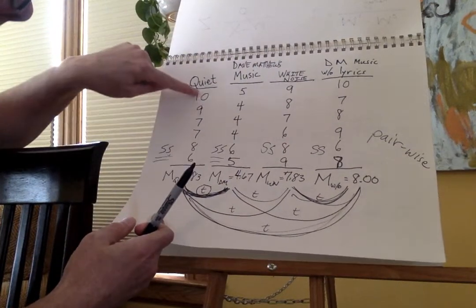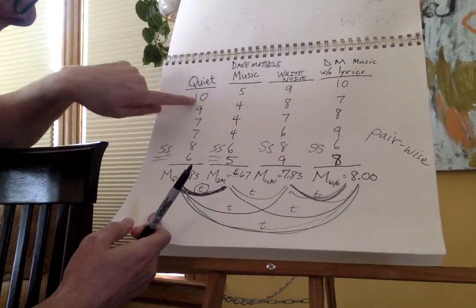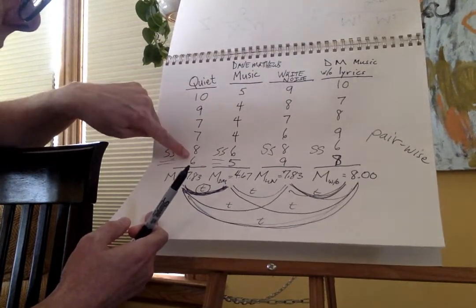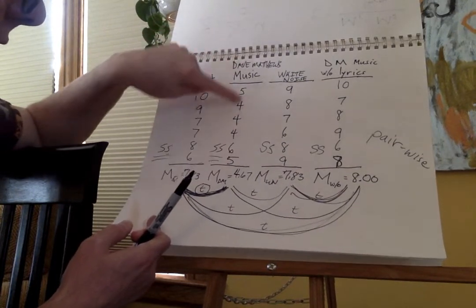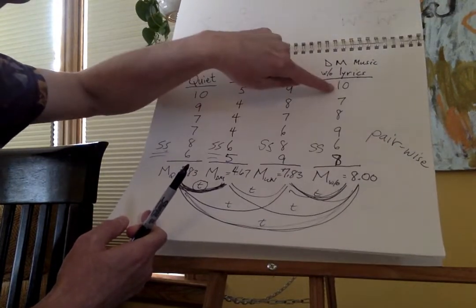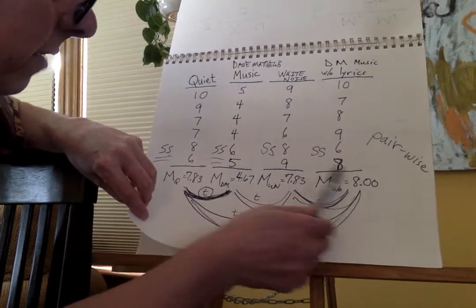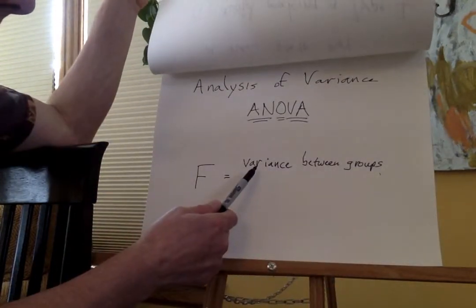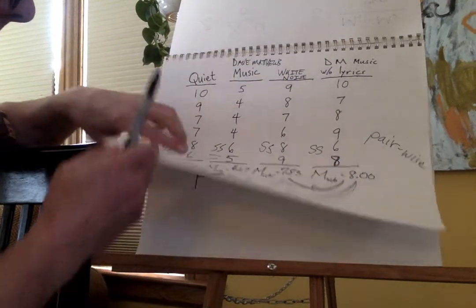All the people here were in the quiet condition, but there are still some differences here, right? All the people here were in the Dave Matthews group, but there are still differences in what they remember. White noise without lyrics. So we're going to look at how these means differ, that's the top. And then we're going to look at the differences here.